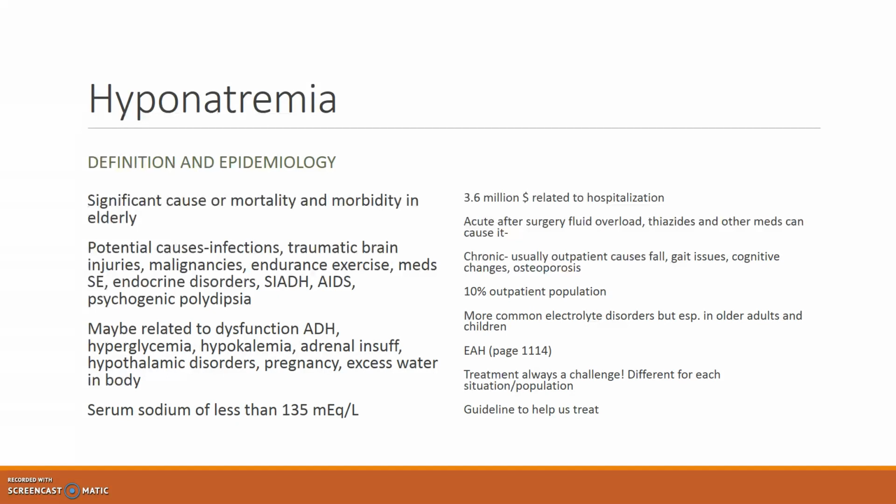Treatment is always a challenge, according to Butera, and I think that's true because there are different treatment modalities for different situations, and even guidelines have been created, and I posted one in your module. There's several. For that exercise-associated hyponatremia, the Wilderness Medical Society, I actually found a compilation of several guidelines. I just want you to review it so you know the complexity of this and that you have some tools.